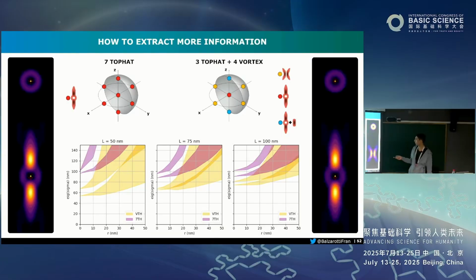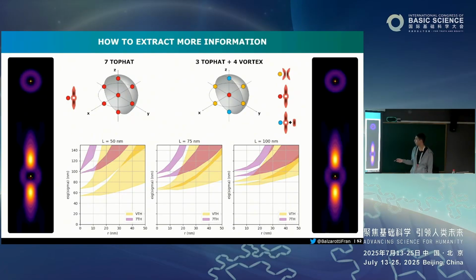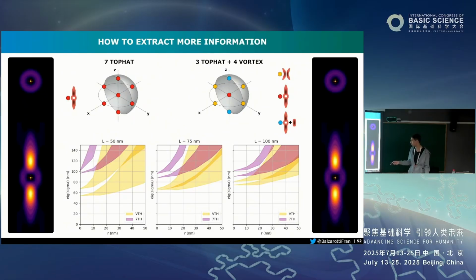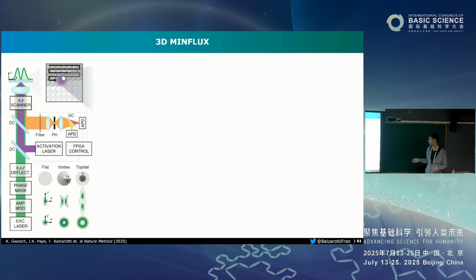So what you see here is that the purple is this one over here and the yellow is this one over here. When you shrink L, you can have double the precision, so half the precision, just by switching the beams. So there's a lot to do with this, and this can lead to very high time.